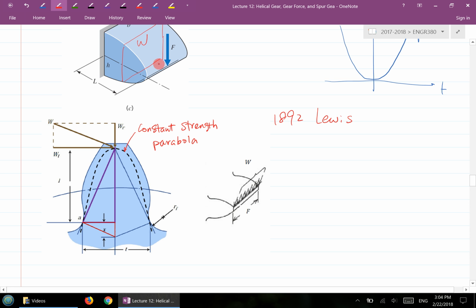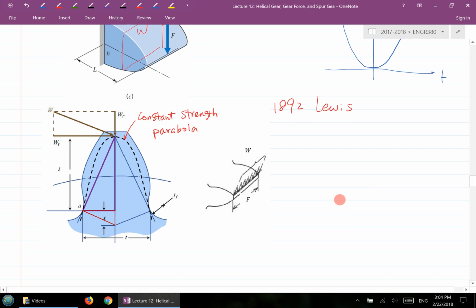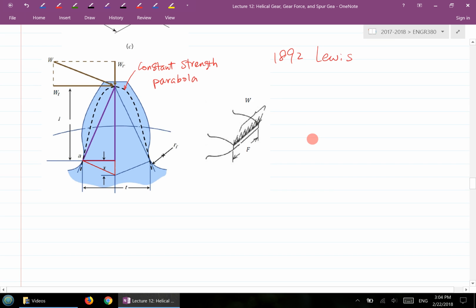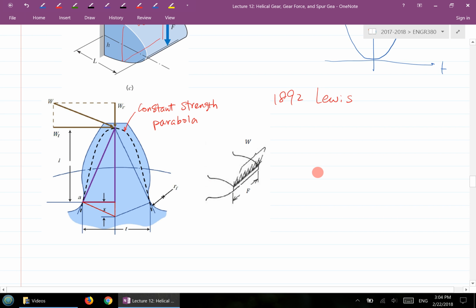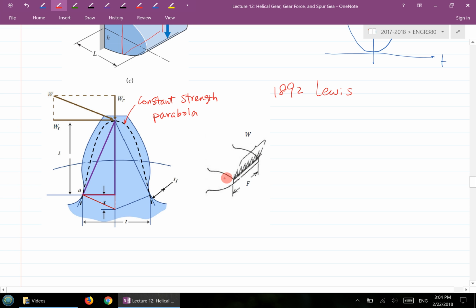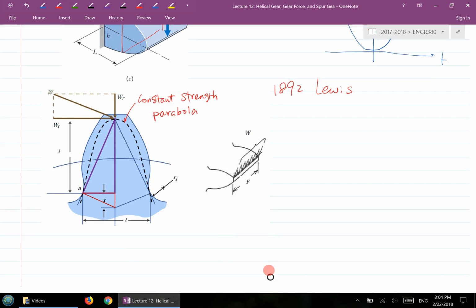If you visualize this gear tooth, if I draw it over here, you can draw an inscribed parabola inside this gear tooth, and then you can extend the line over there and over here.